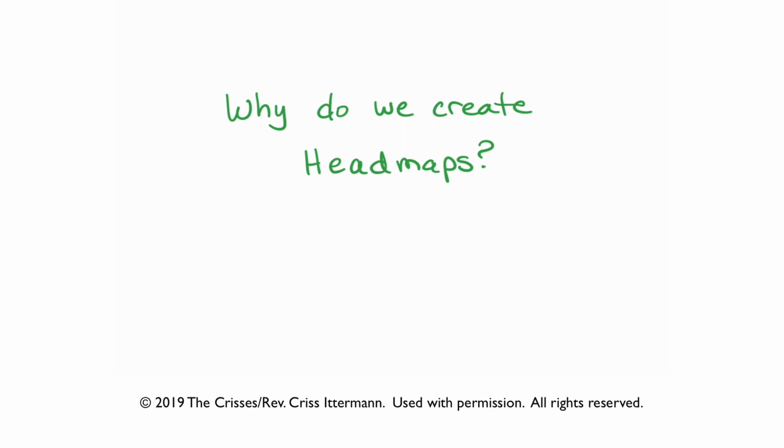Another thing that you can use the head map for is describing and improving your internal dynamics. So once you draw your head map out, let's say it's a communication diagram of some kind where the lines between people indicate who is aware of each other, who has co-consciousness with each other, or at least communication with each other. So if you map it out like that, you can see where there are gaps in communication and where maybe it's something more emotional and these people don't like each other, so they're very far apart.